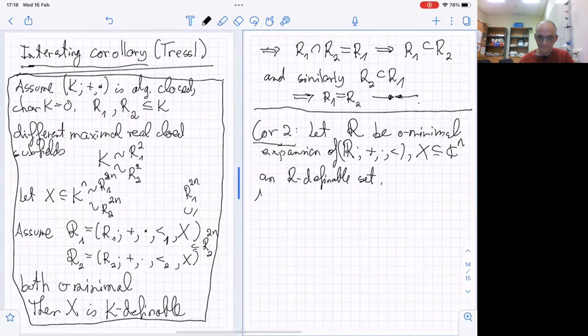Assume that there is some field automorphism of C, of the real closed field, which is different than conjugation.